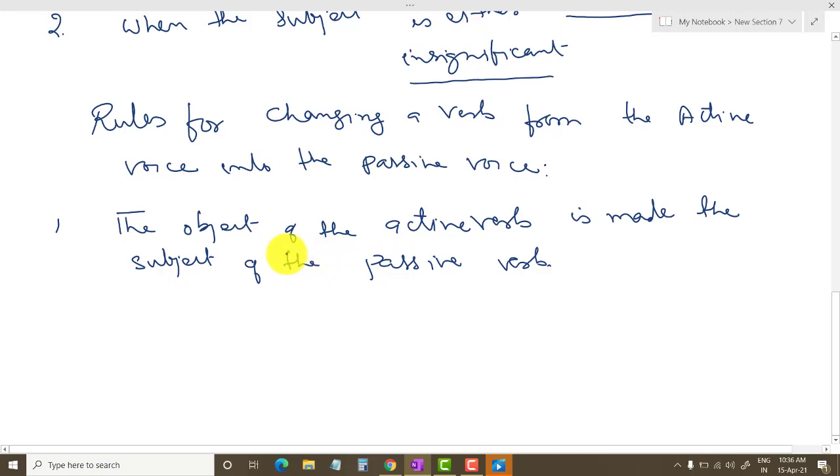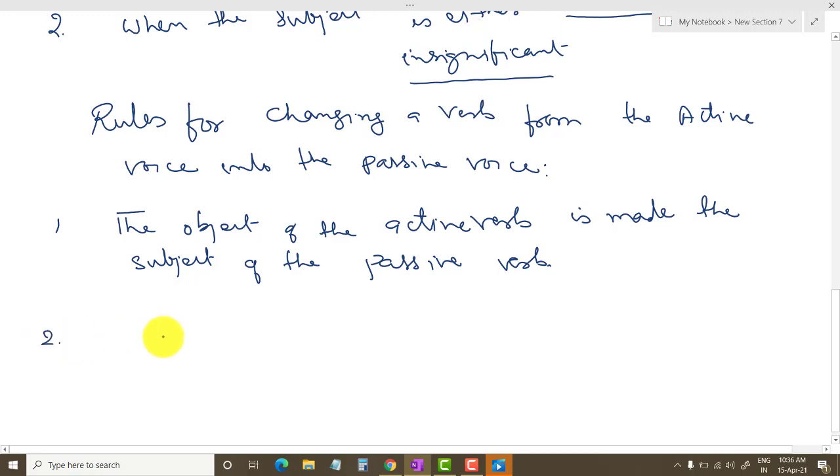Have you understood? In passive voice, we change the subject and object. The object becomes the subject and the subject becomes the object.